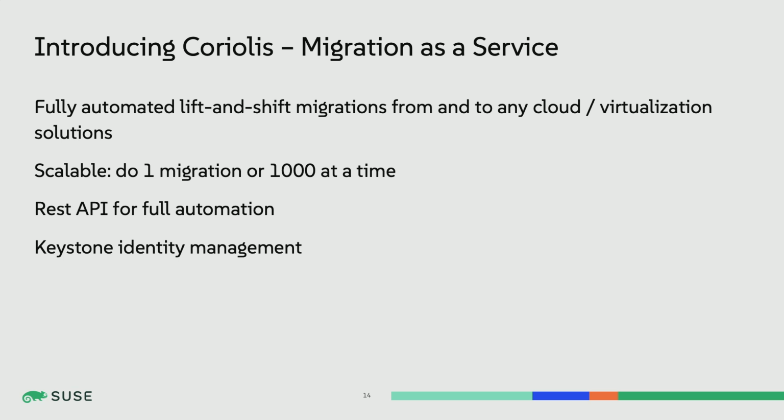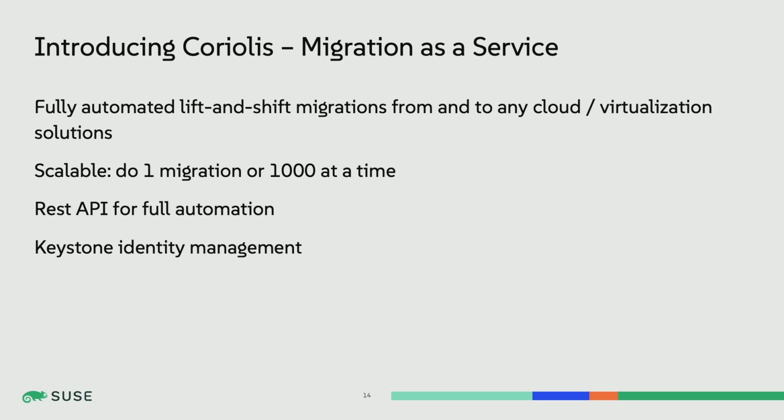The purpose is to take all those complicated steps and automate them in a cloud-native type of solution, okay? So the idea is that you want to do fully automated lift and shift migrations from and to any cloud or virtualization solution, okay? Ideally, as Alejandro was also saying, you want to avoid vendor lock-in.